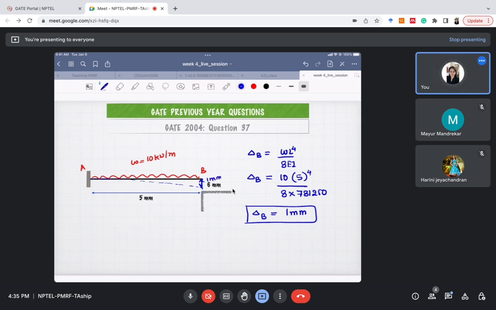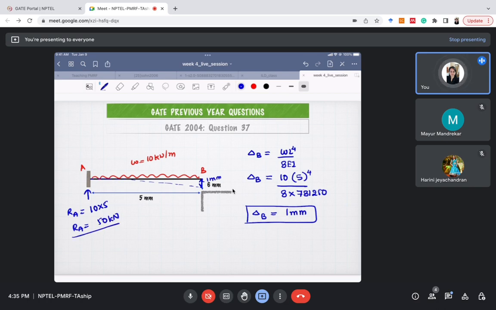In that case, our value of RA will be equal to W into length, the total vertical load. RA will balance the total vertical load. What is the total vertical load on this cantilever beam? It is simply 10 into 5, so 50 kilonewton, which was given in the question and was right.